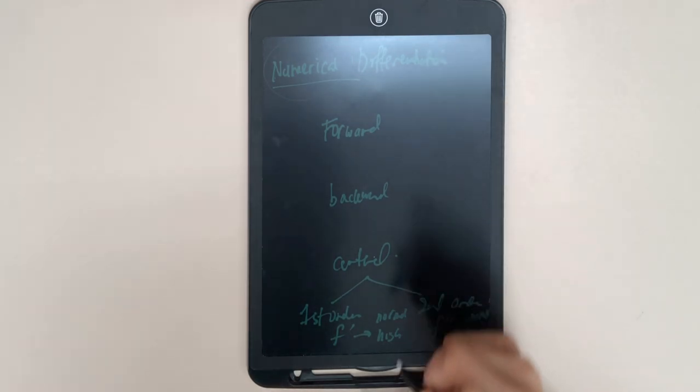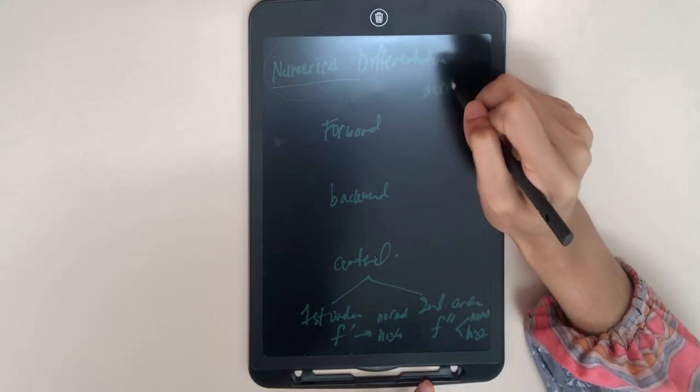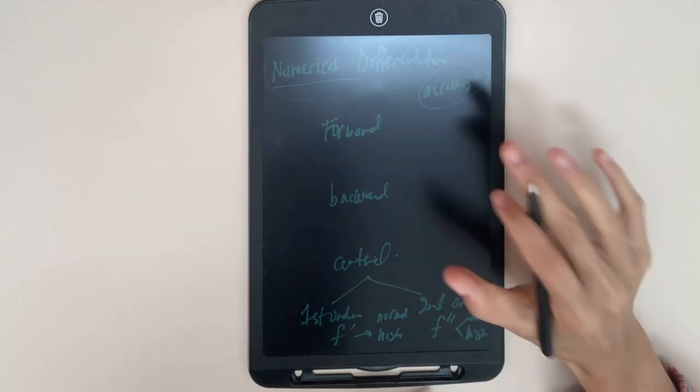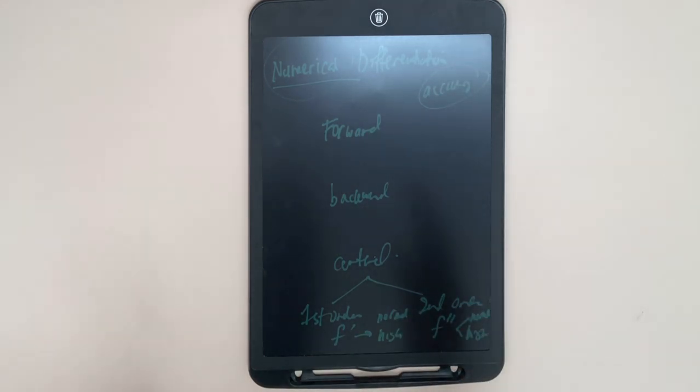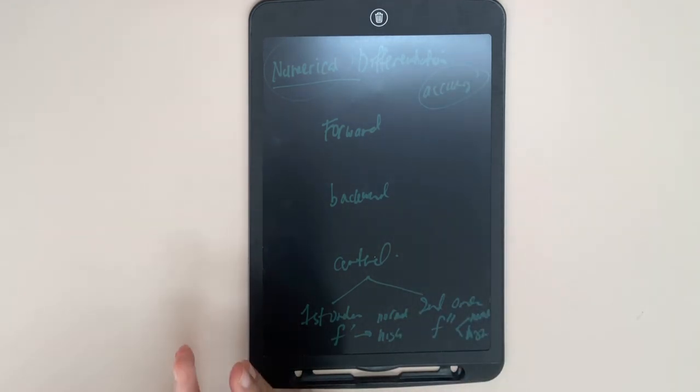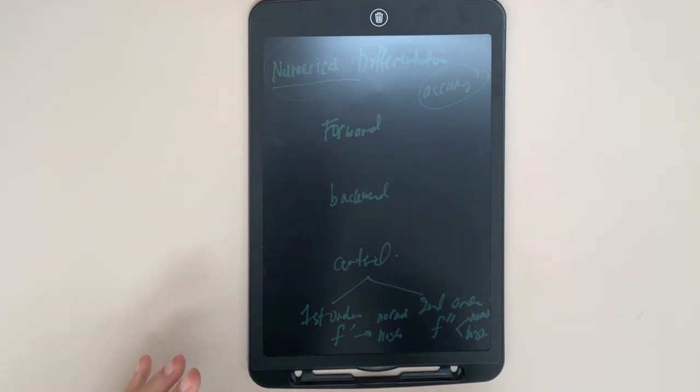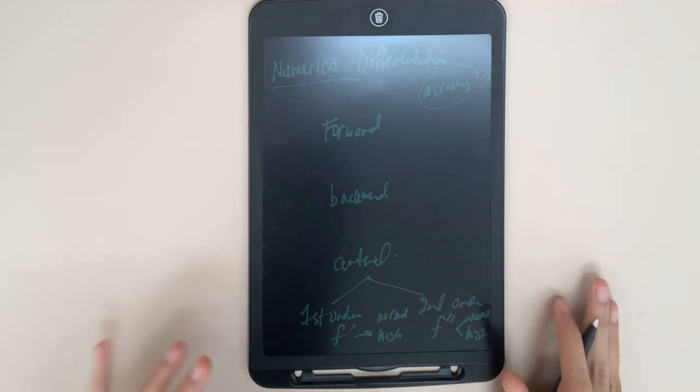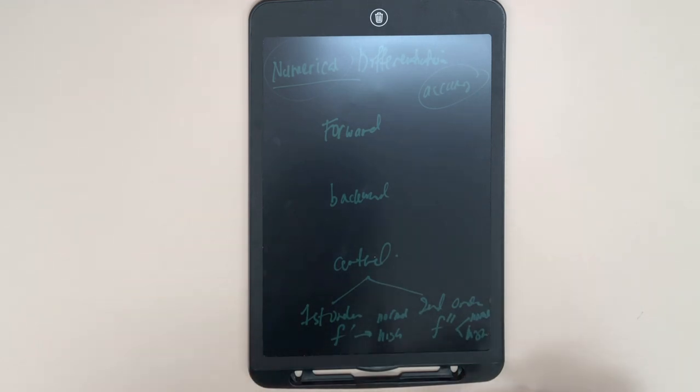Okay, so I repeat again. For the first order now, they have another 2 different types, normal accuracy and also high accuracy. Same goes to second order, also 2 types, normal and also high, and each of it has a different formula.